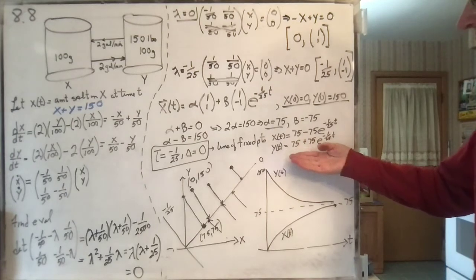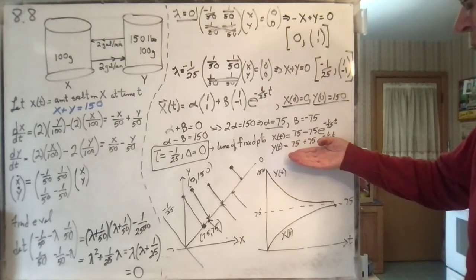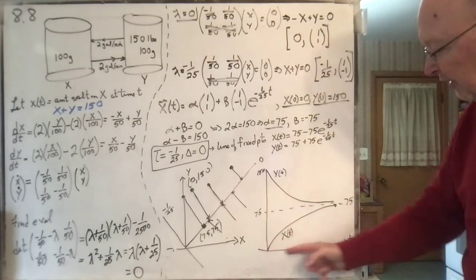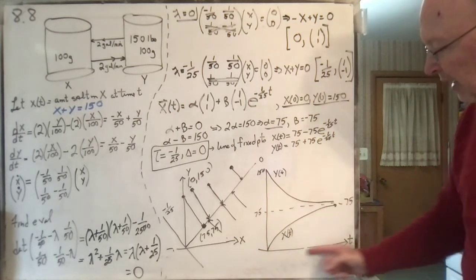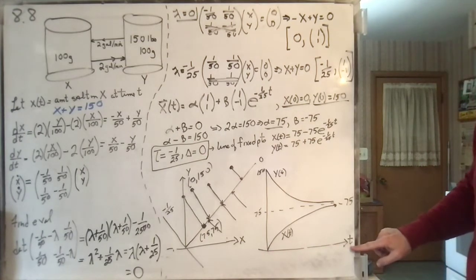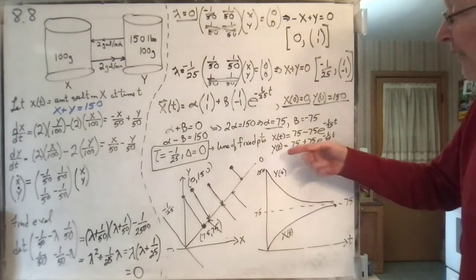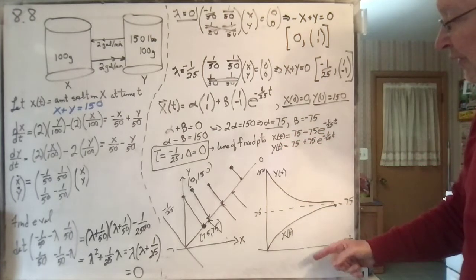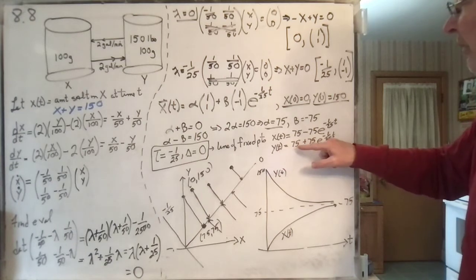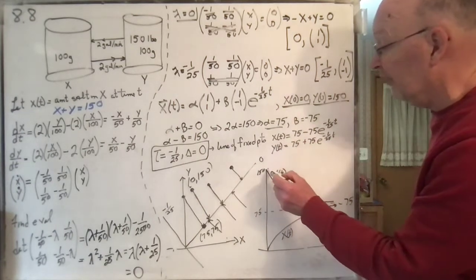So then finally, if you take these things and say, okay, what's the graph of each one of these with respect to time? Here your horizontal axis now is t, it's time. Now you're graphing both of these things as functions of time. And what happens? Well, if you graph these, you end up with y of t starts at 150, 75 plus 75 is 150.